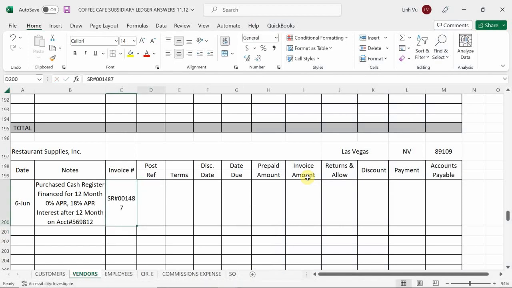Post reference, once again, is going to be General Journal page 2.